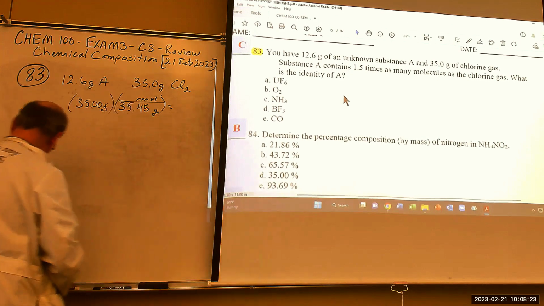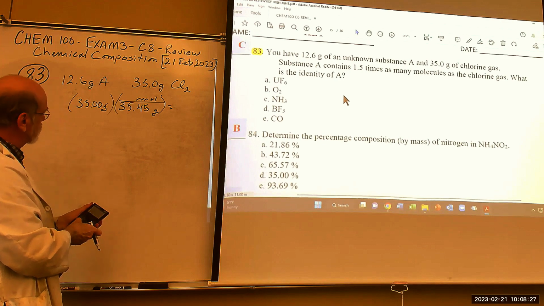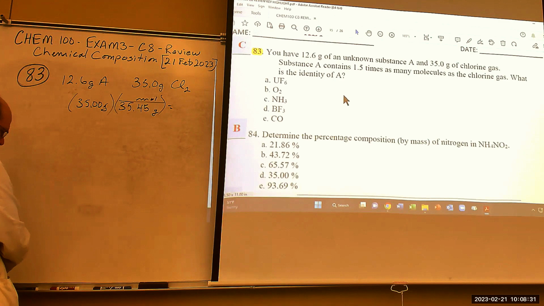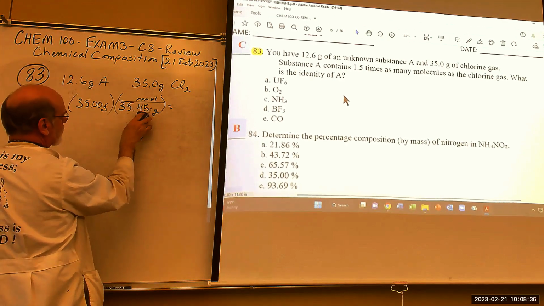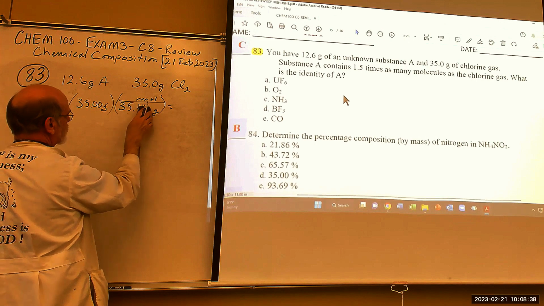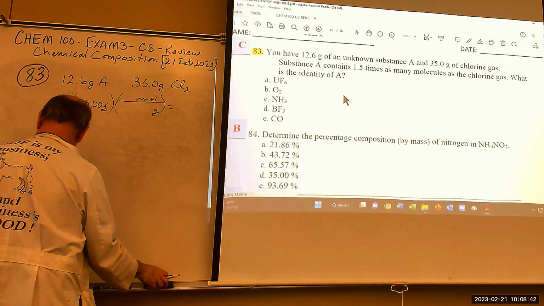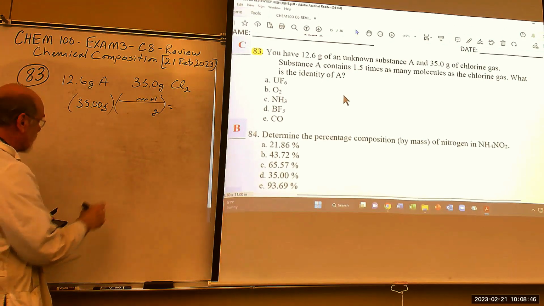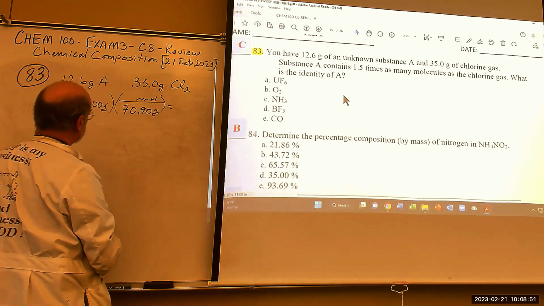Let's do the exact value. Okay, let's calculate that. 35 divided by 35.45. Oh, excuse me, that's wrong. This is per atom. I'm talking about a molecule. So the molar mass of chlorine is 70.90 grams.